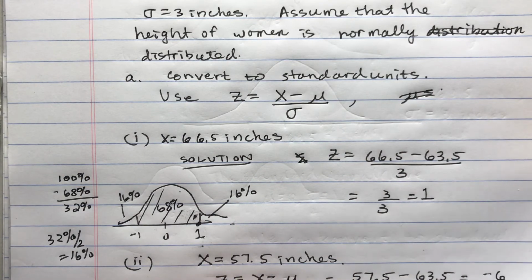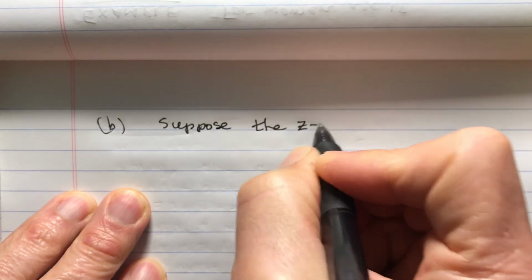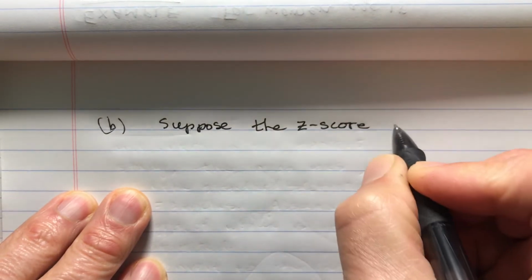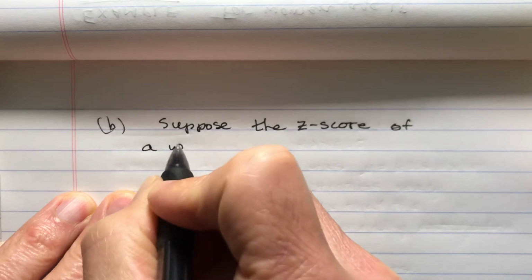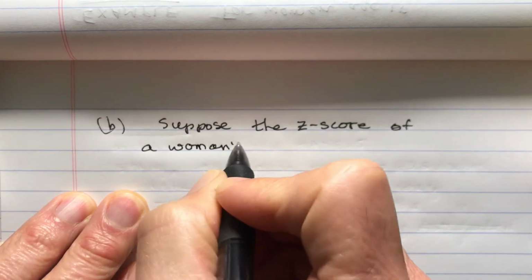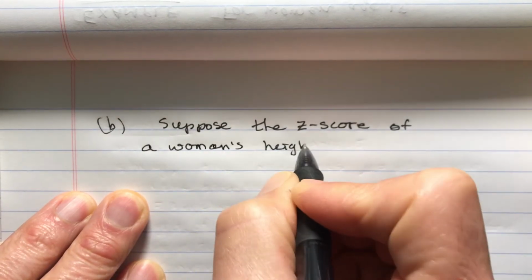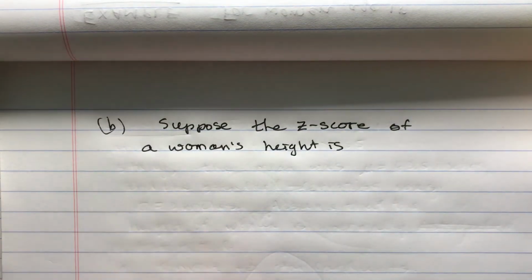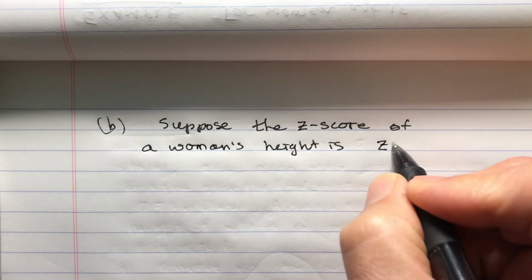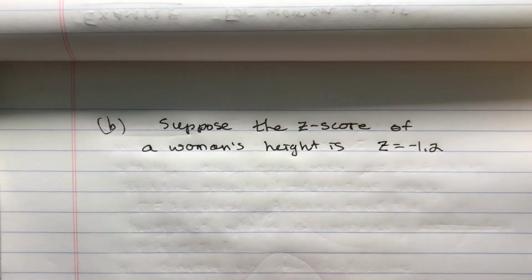Okay, so let's do one that might knock your socks off a little bit. Let's look at B. Suppose the Z-score of a woman's height is Z equals -1.2.